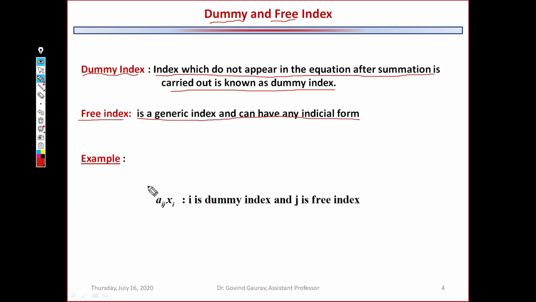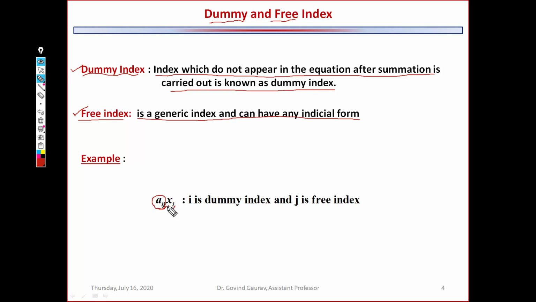So we will take an example to demonstrate what is a dummy index and what is a free index. If any tensor is represented by a subscript ij, and a second vector is x subscript i, here it is a general notation. If we write a_ij, this is a tensorial notation which can be the stress tensor or the strain tensor.